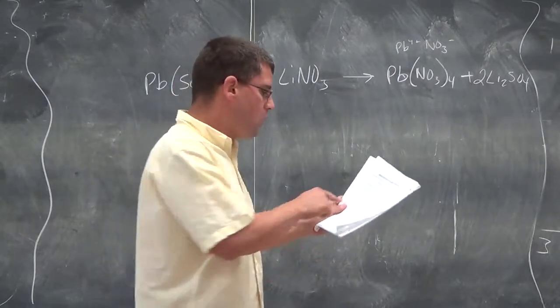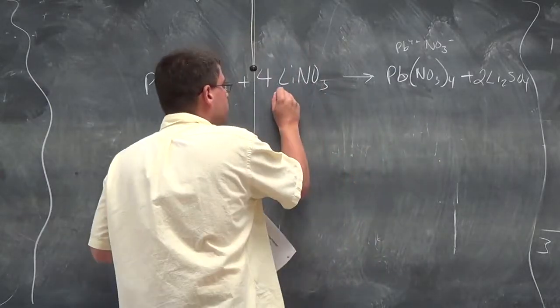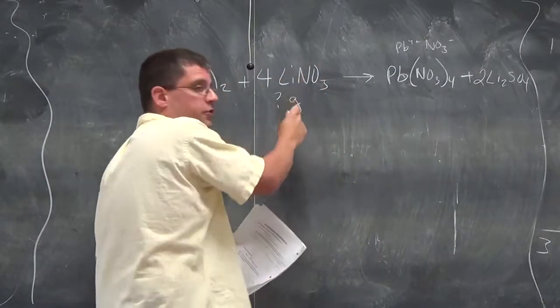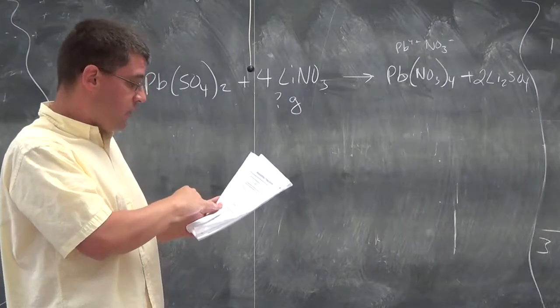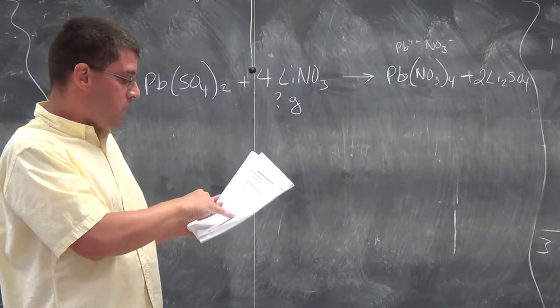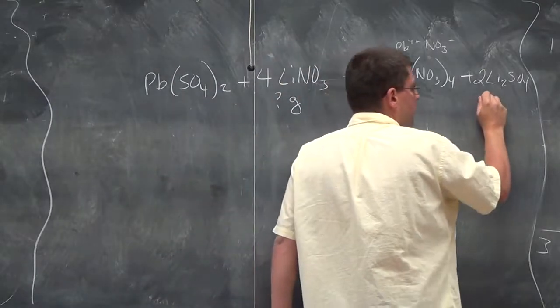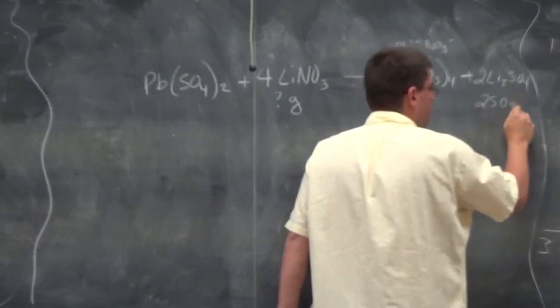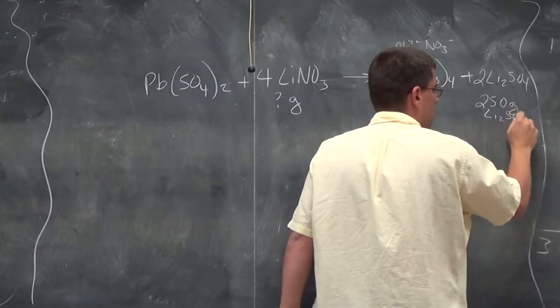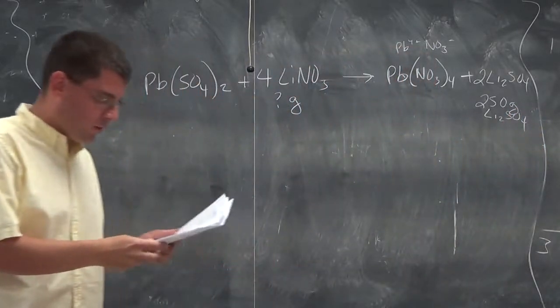It's not hard. Okay, so let's write down what you have. You need to put a little parenthesis here. How many grams of this do we need? We need to make 250 grams of lithium sulfate, so we're going to go backwards. So here's your mass right here. Here's your 250 grams of lithium sulfate.